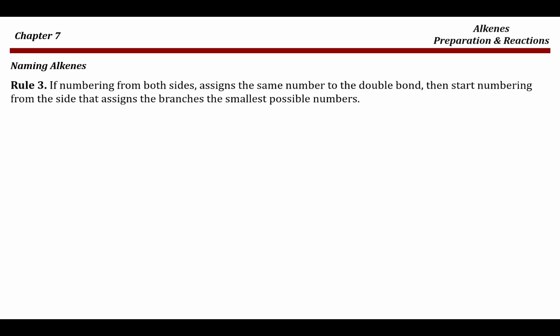If numbering from both sides assigns the same number to the double bond, in this case you have to start from the side which assigns the branches the smallest possible number. But again, this is only used if you are ending up with the same position for the double bond from both sides. So for example, in this case here, 1, 2, 3, 4, 5, 6, 7, 8.